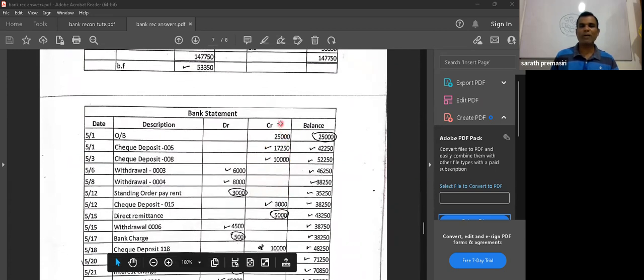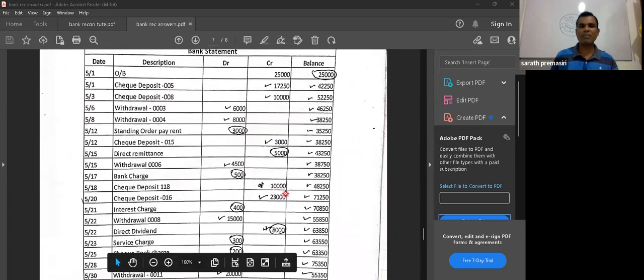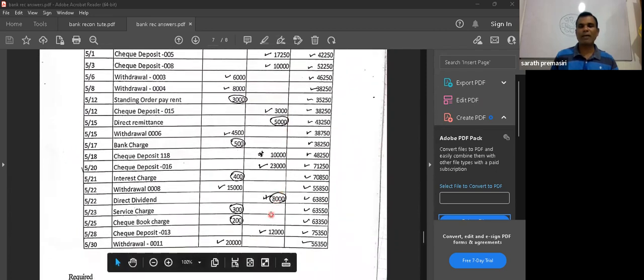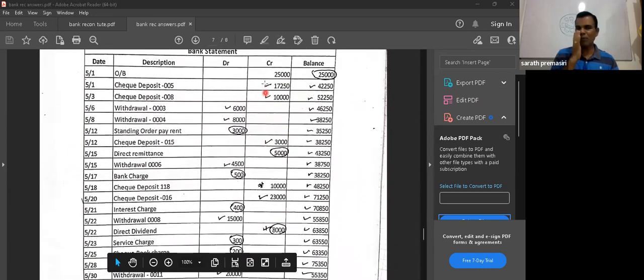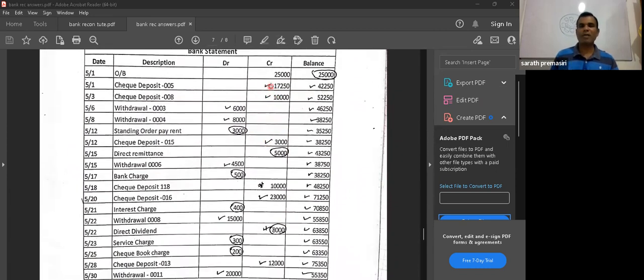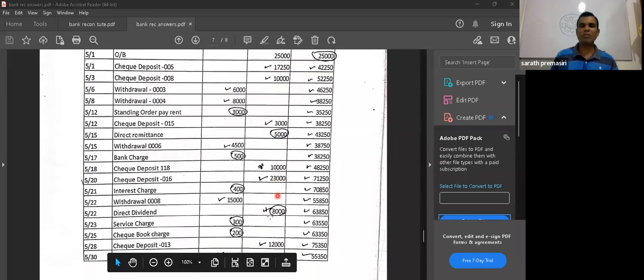Now, when we compare the credit column of the bank statement with the cash receipt journal values, you see these values are tallied: 17,250, 10,000, 3,000, and then 23,000, and then 12,000.